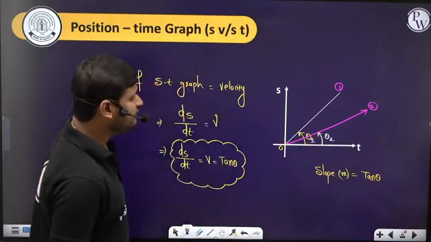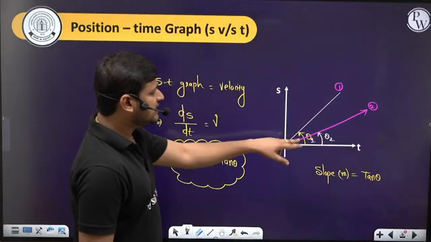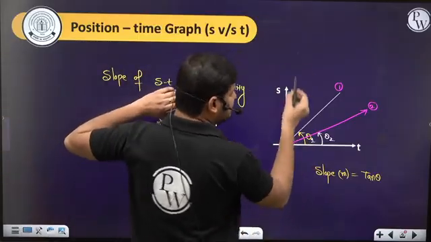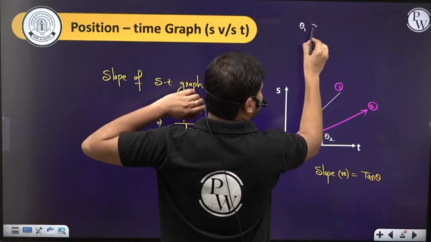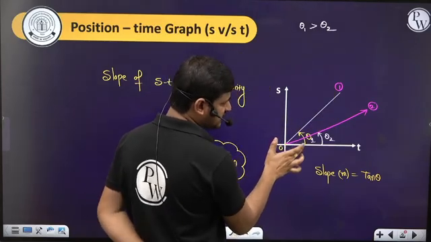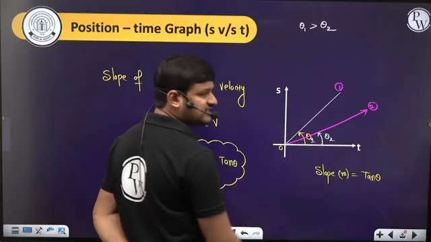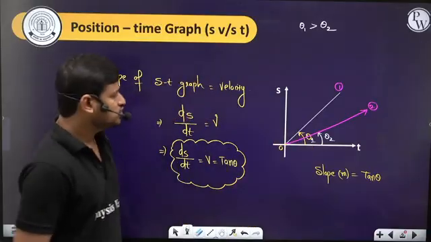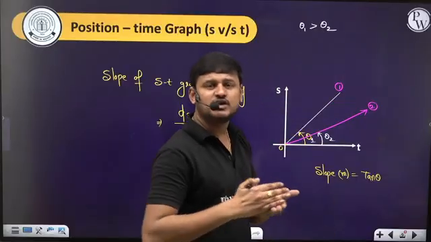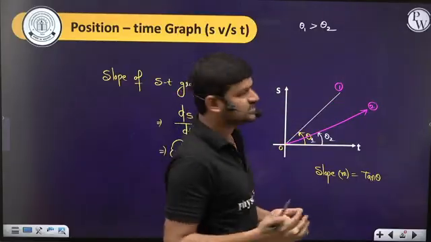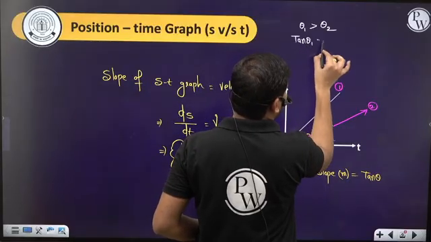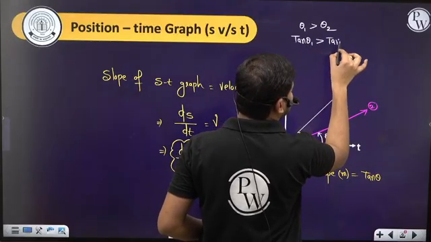Now if you observe, theta 1 is greater than theta 2 with respect to the positive axis. If theta is more, tan theta will also be more, because the tan value increases as theta increases. So tan theta 1 will be greater than tan theta 2.